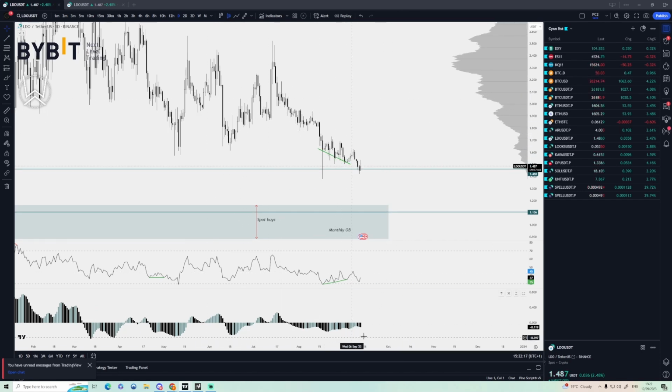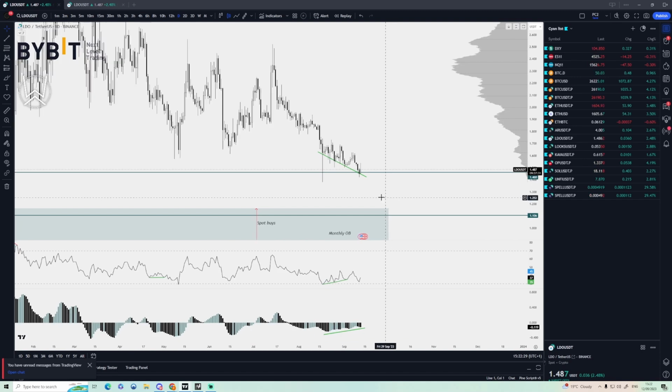We still have a bit of a momentum divergence showing on the awesome oscillator, with price making lower lows on the daily chart and the awesome oscillator making higher lows. The daily fair value gap was invalidated. The daily divergence was invalidated on this recent drop down, but we still have a nice momentum divergence here.